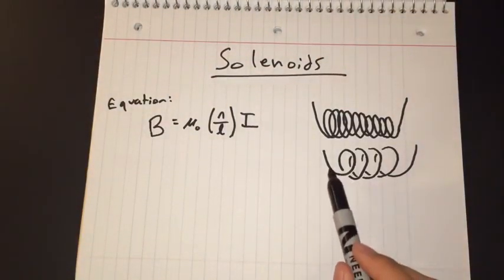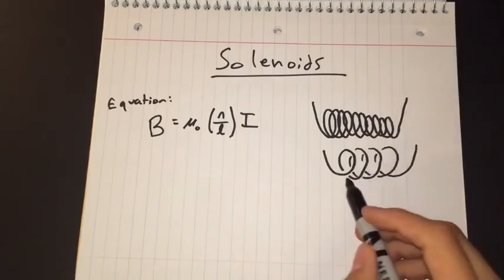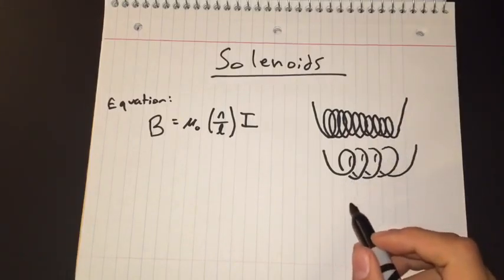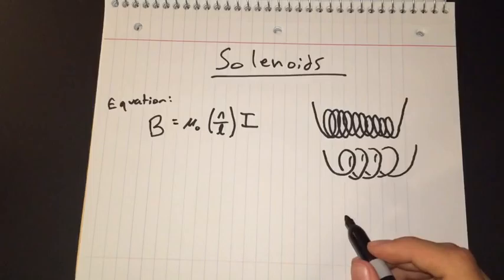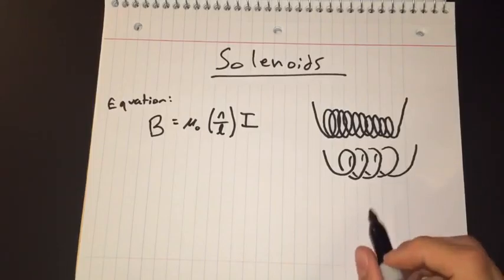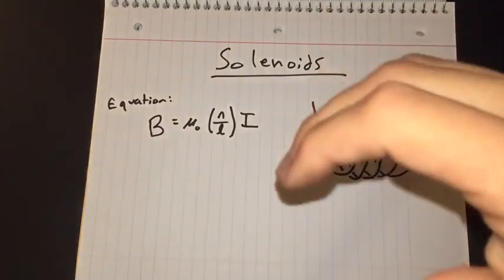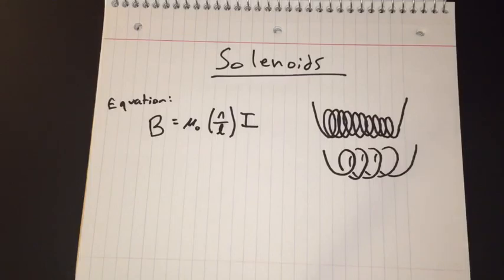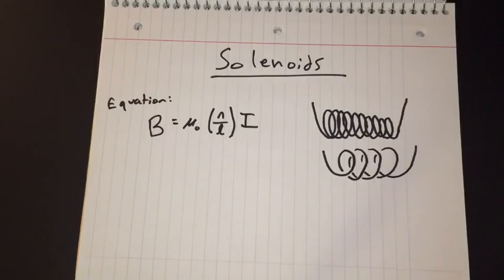If you want to figure out the direction, like I just did, you can use the same mnemonic that we use for the current carrying wires, and think about each turn of wire, and how each turn of wire is creating a field, and in what direction that field is pointed.